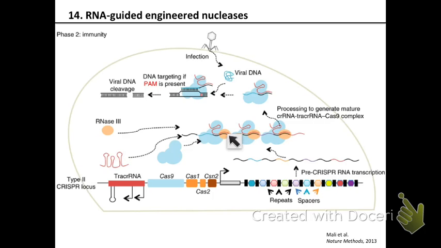So this guide RNA and the tracer RNA are going to complex with the Cas9 enzyme. This is the little blue part coming from the guide RNA from this spacer. This spacer sequence has a complementary site in the viral DNA. The Cas9 enzyme is going to cleave it such that the viral DNA is no longer capable of infecting the cell.